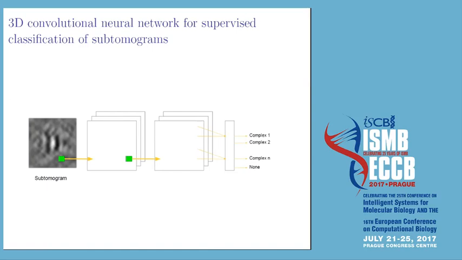The convolution kernels are learned so that they capture the complex mapping between the input subtomogram and the output class label.